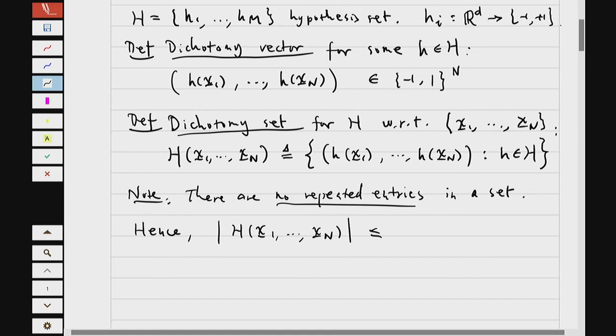N squared? Your high school teacher would be ashamed of you. 2 to the nth power, the other way around.